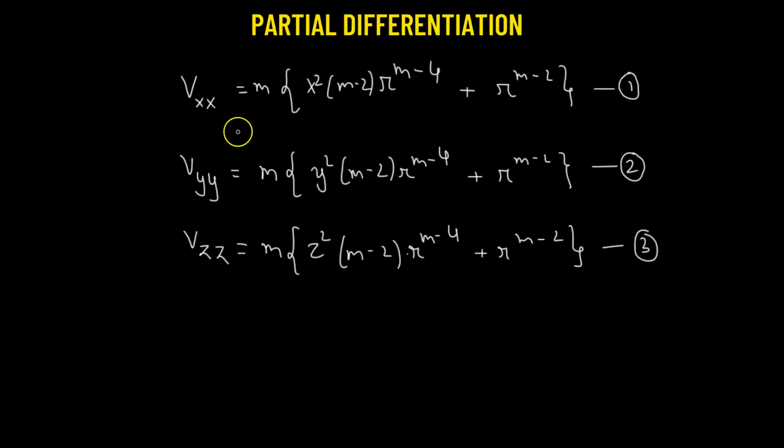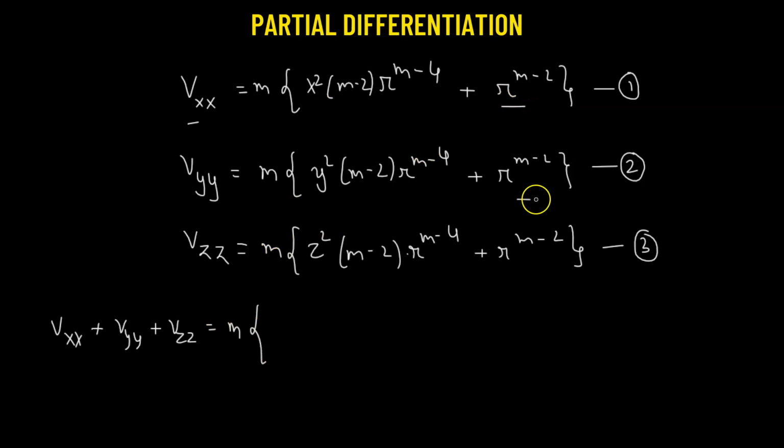We'll label this as number 3. Since we have to find the sum of the three partial derivatives given on the left hand side of equations 1, 2 and 3, let's add each of them to get the second partial derivative of v with respect to x plus the second partial derivative of v with respect to y plus the second partial derivative of v with respect to z. So we can take m as the common factor.